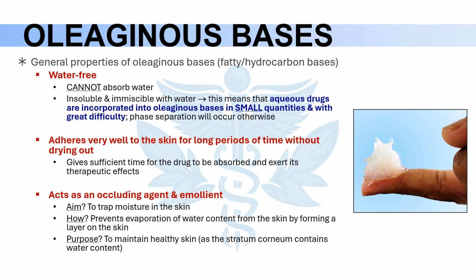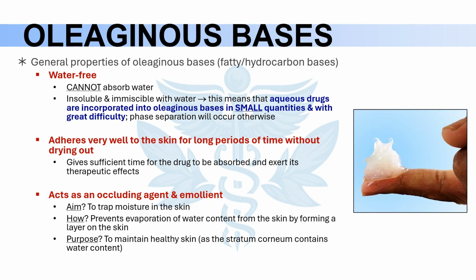For us to say this, we are implying that the skin has water content. Okay, let's elaborate on this point a bit more. In previous videos, we established that the stratum corneum of the skin is composed mostly of lipids and a lesser amount of water content. That means that normal, healthy skin contains water.